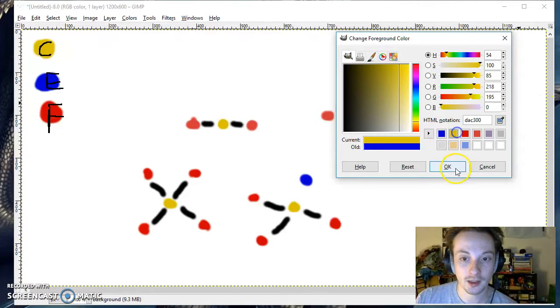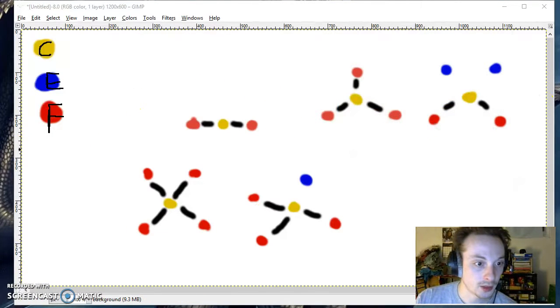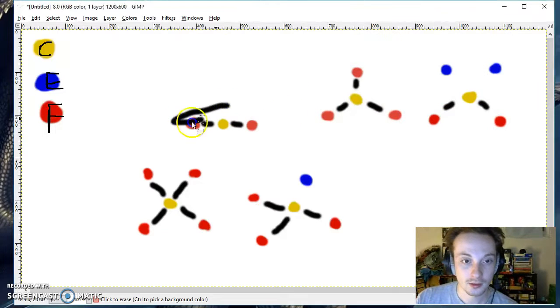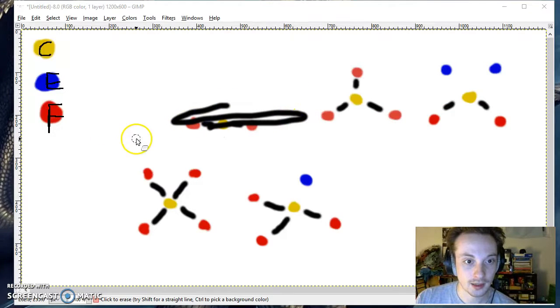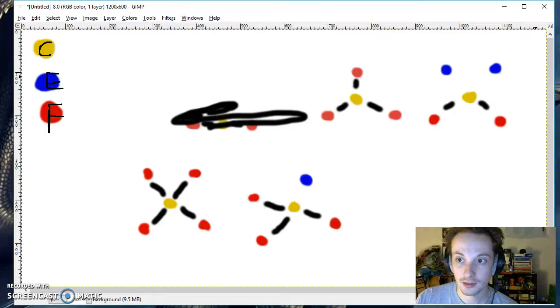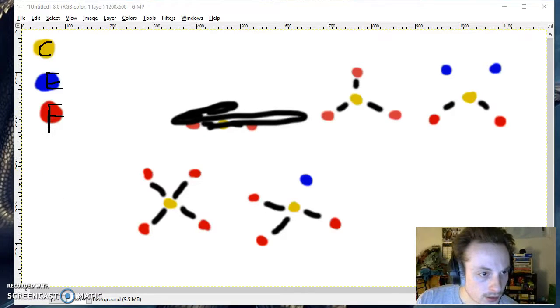So we have a central atom. Actually, I think I'm going to erase this stuff. Oops, that's not what I meant to do. Why is it doing that? Is that not the eraser tool? I thought it was.